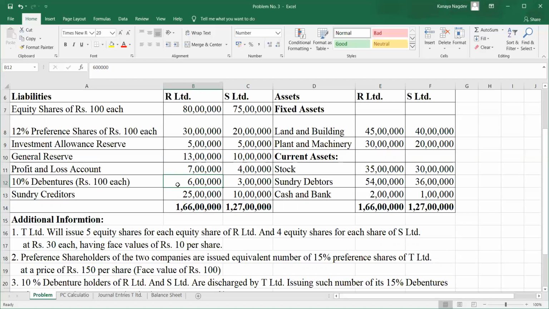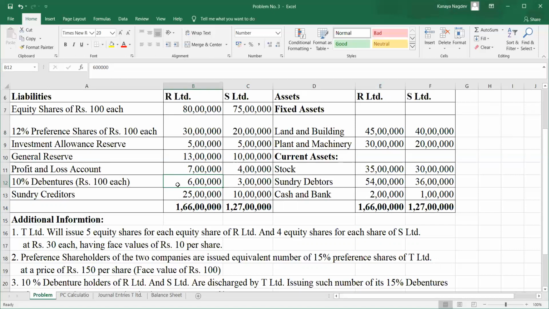And always remember, when we follow the net payment method for calculation of PC, there may be a possibility that while incorporating assets or liabilities, there may be goodwill or capital reserve. That means there may be a loss to the purchasing company or there may be a gain to the purchasing company. If the purchase consideration paid is more, the company will have a loss.